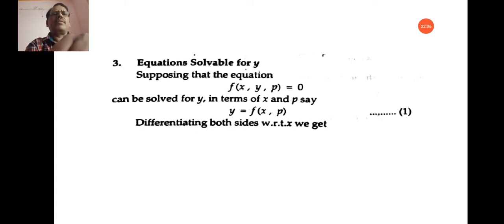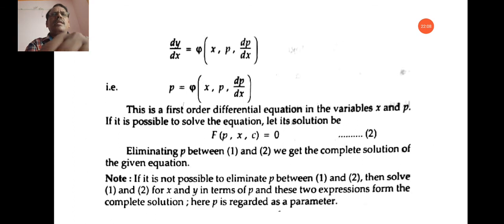Differentiate the given differential equation with respect to x, and we obtain the equation dy by dx equal to phi of x comma p comma dp by dx. Remember dy by dx is p and dx by dy is 1 by p. This is a first order differential equation in variables x and p, and we get the solution f of p comma x comma c equal to 0.